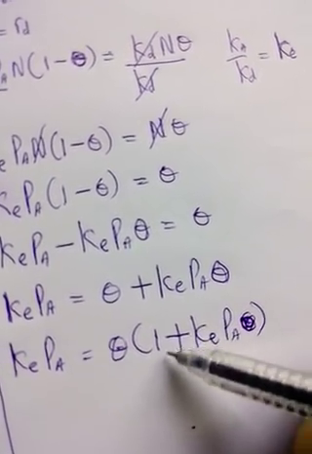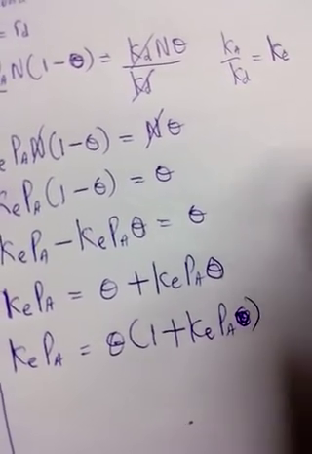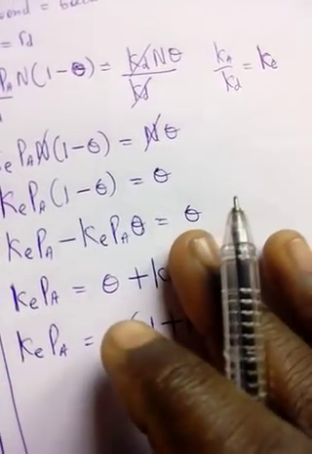We can now divide both sides by 1 plus K equilibrium PA.